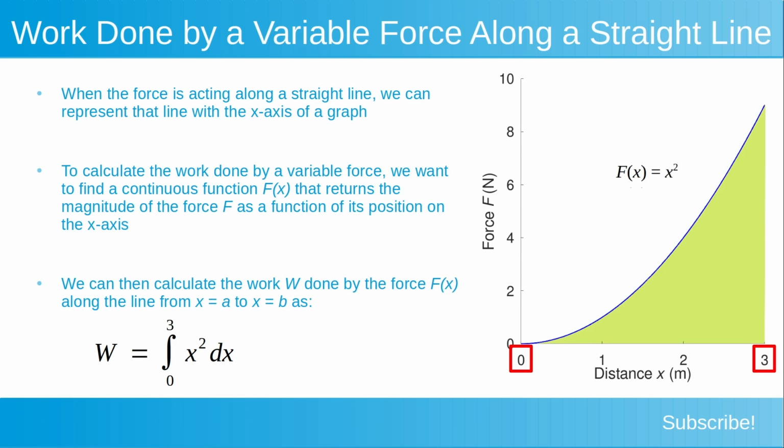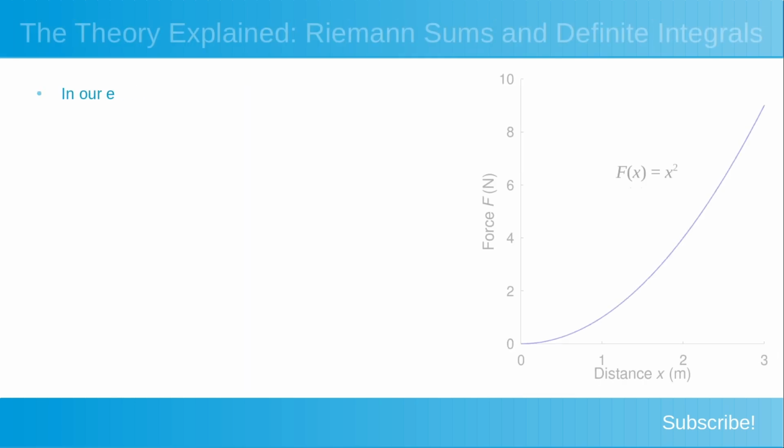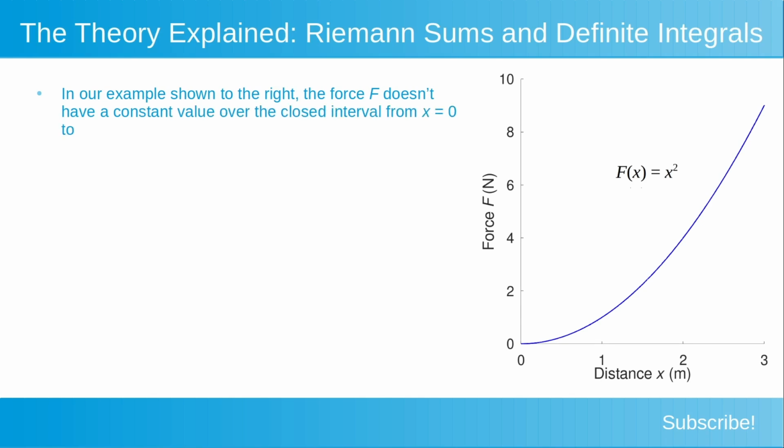What we're going to do for our next section is explain the theory behind this calculation. In our example, shown to the right, the force F doesn't have a constant value over the closed interval from x is equal to 0 to x is equal to 3 meters.